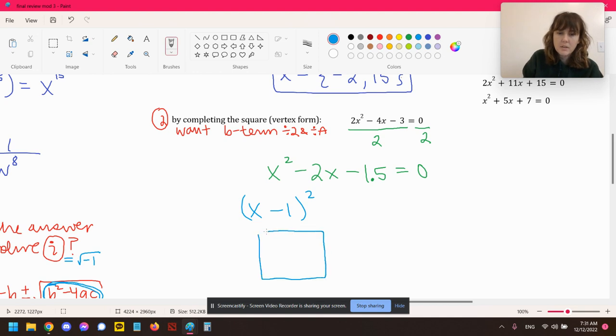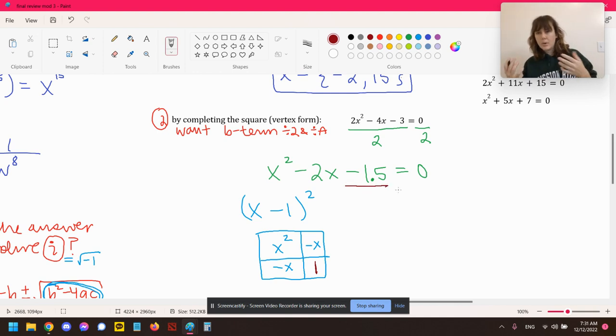And that's when I say, like, oh, let's put all of these things into a box. I have negative x here, I have negative x here. When I complete the square, I say, oh, the perfect thing to go here would have been positive 1. But the perfect thing is not what we're working with. What we're working with is I actually want this to be negative 1.